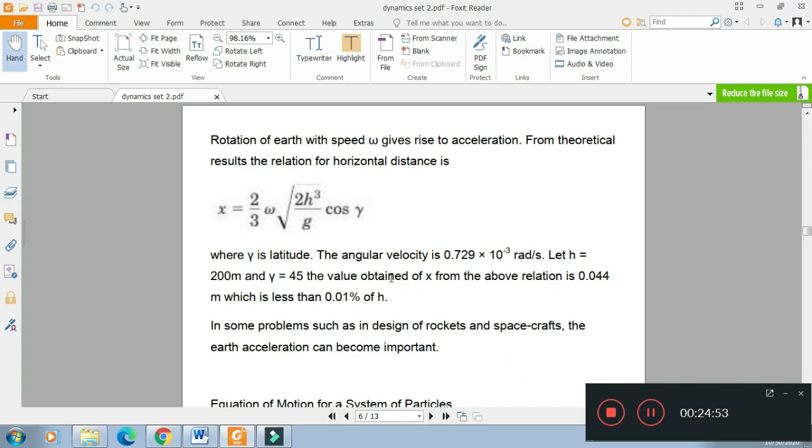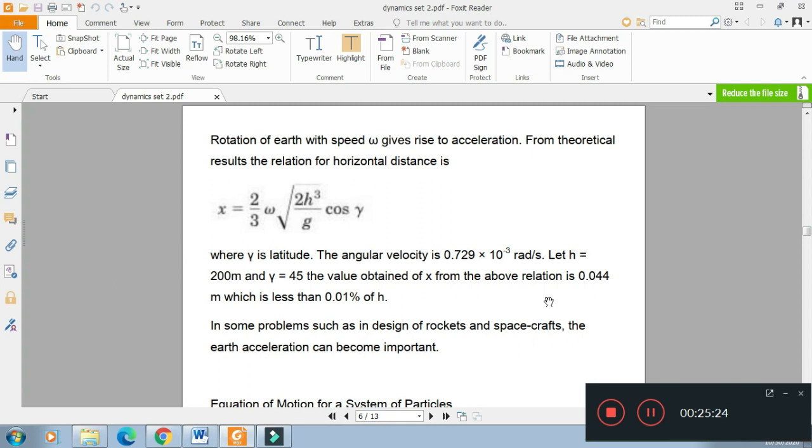So as an example, we consider that the particle falls from a height of 200 meter and the latitude of the location is, suppose, 45 degree. The angular velocity of earth is 0.729 times 10 to the power minus 3. If we substitute in this equation, we get 0.044 meter, or 4.4 centimeter.